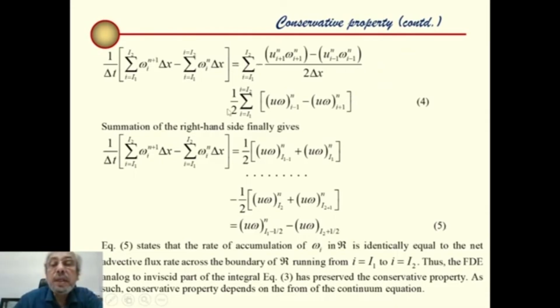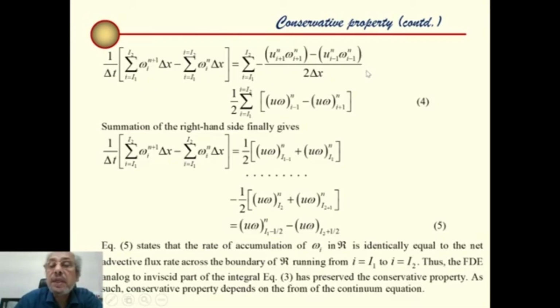This will be basically then half, again another mistake, equal to will come in front of this. So it is half, summation I equal to I1 to I2, of u omega I minus 1 n minus u omega I plus 1 n. This minus sign has been absorbed inside, and then we can write this way. So please be careful, I have made two small mistakes here.